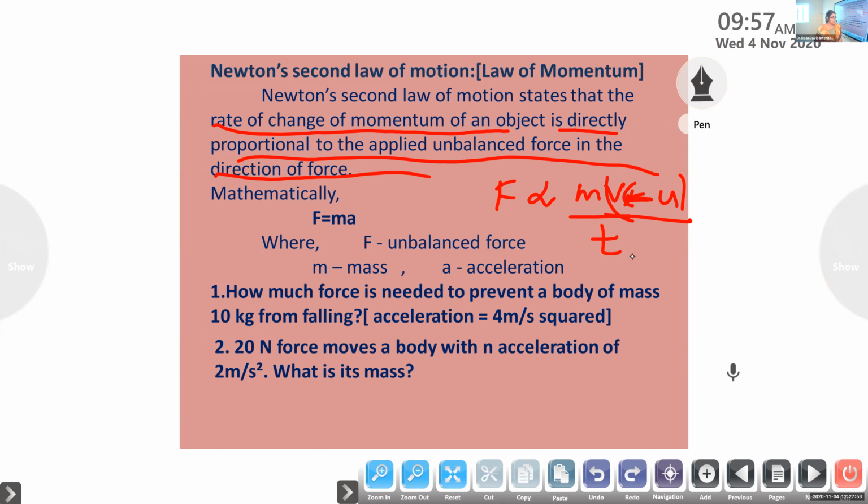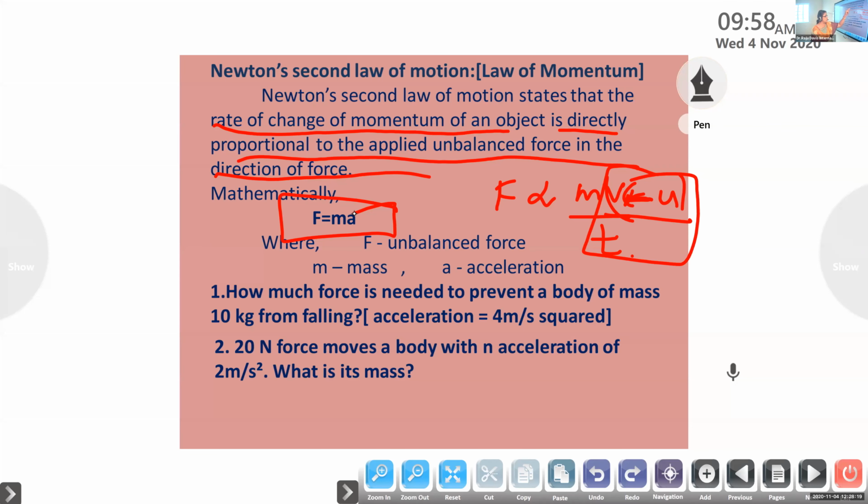So connecting that, what is this v minus u by t? Acceleration. So from that only we are getting the equation F is equal to mass into acceleration. So this is how Newton expressed force. First, find out the momentum at two different times.